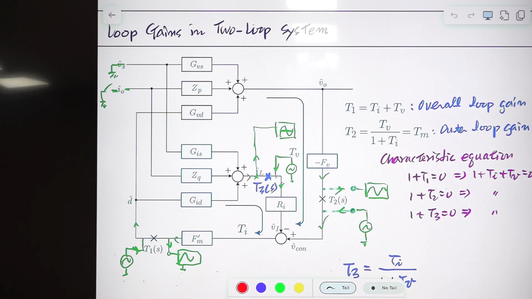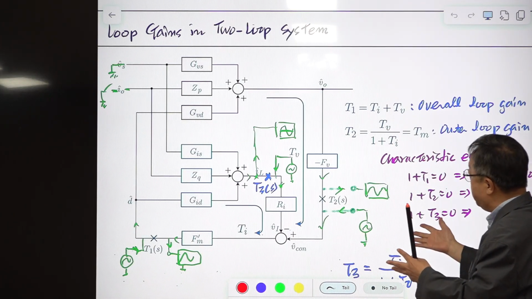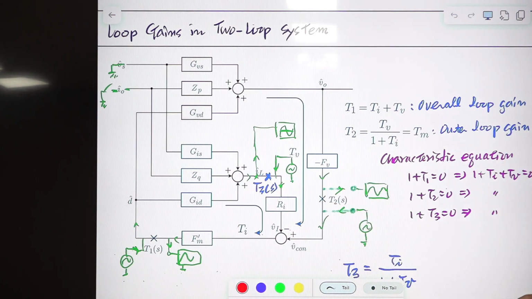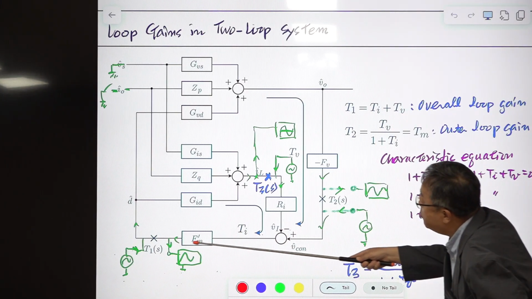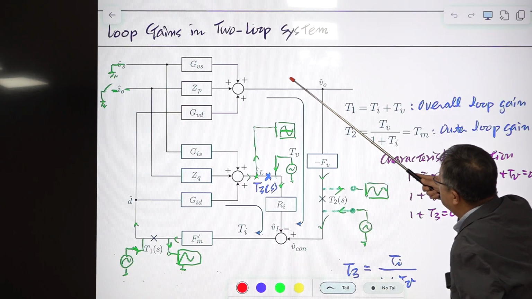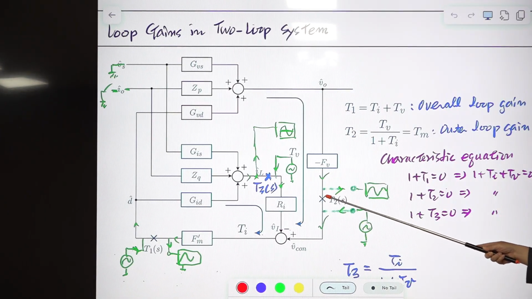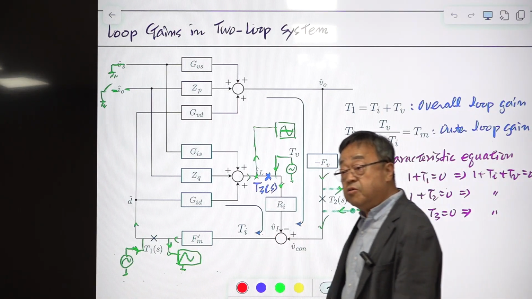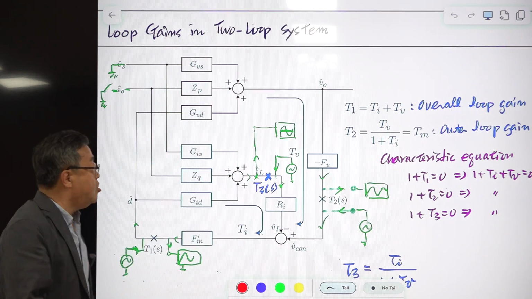Measuring or simulating this loop gain is done in this way. You break this point and inject some sinusoidal signal here, and it goes around and comes back here. This is the small signal excitation, and this is the measurement of the small signal output at that excitation frequency. That is the frequency response at one specific frequency, and you sweep the frequency, then you have a continuous loop gain curve. So this is the one loop gain.